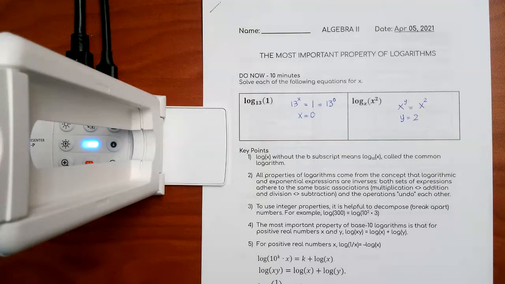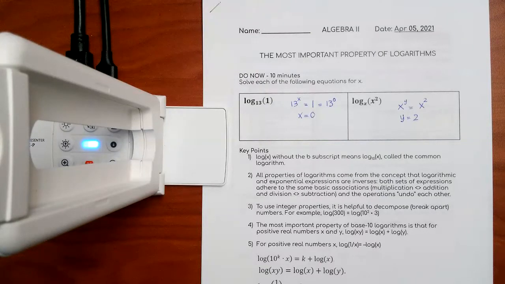The most important property of base 10 logarithms is that positive real numbers x and y can be expressed. Log of xy is the same as log of x plus log of y. So when you take a logarithm of a number which is a product of two numbers, then it is the same as the log of each number, and you add them up.